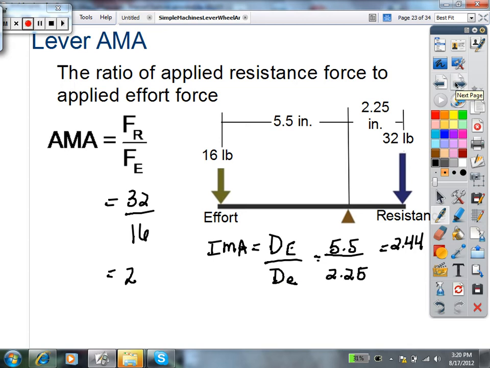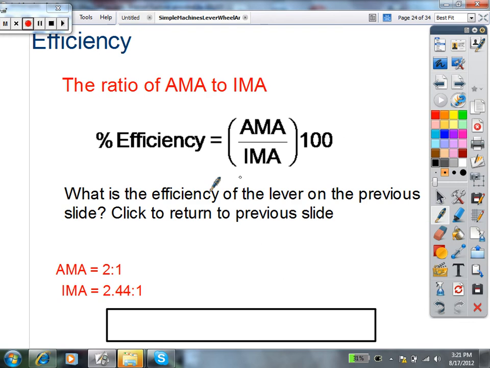So when we look at the two compared together, we're going to look at the efficiency of our simple machine. The efficiency is the ratio of the actual mechanical advantage to the ideal mechanical advantage. So if we want to know what the percent efficiency is, we divide the ratios by each other, and that's going to give you a decimal. So we're going to multiply that by 100 to get the percent.